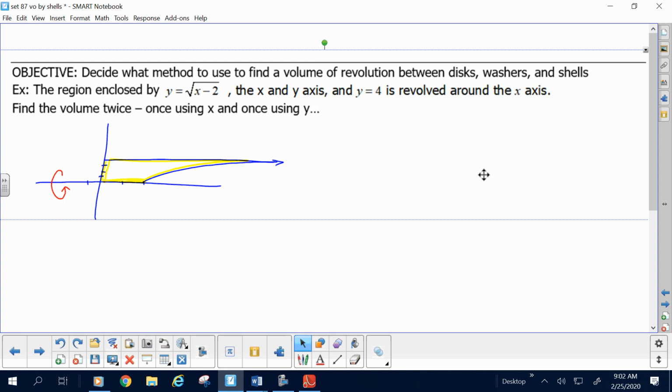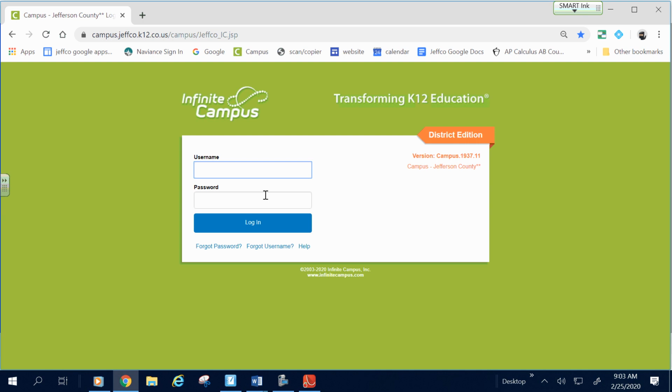The point of this is largely it's good to have choices, because one is definitely easier than the other, I think.